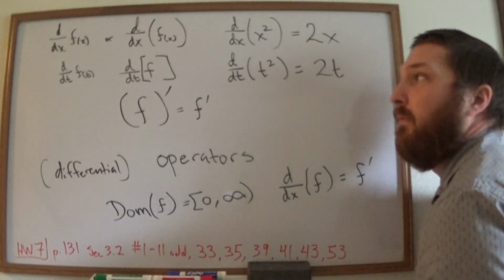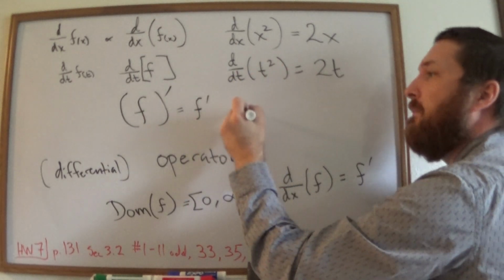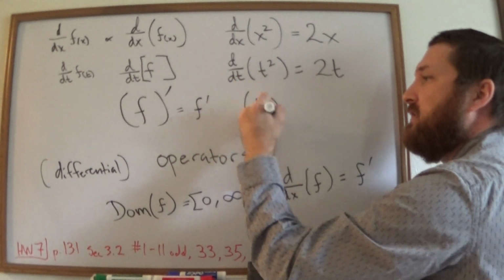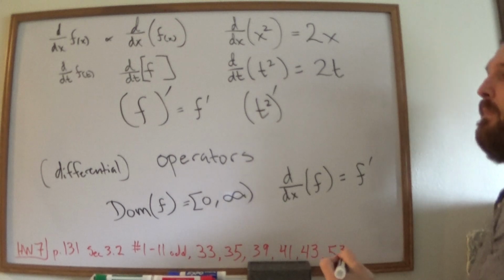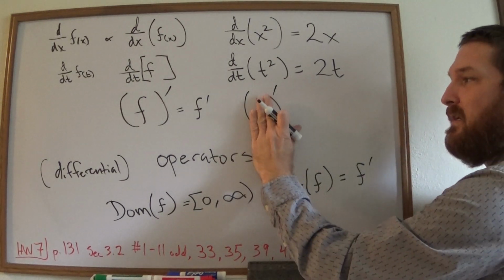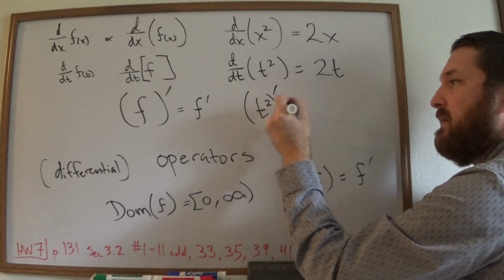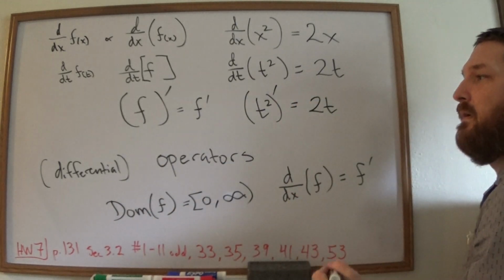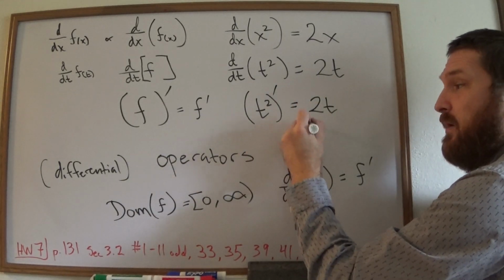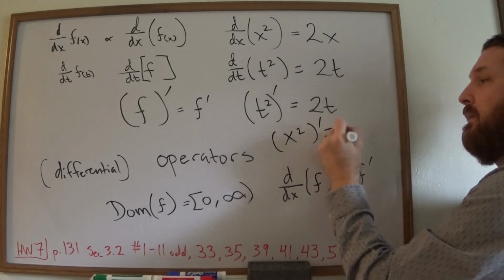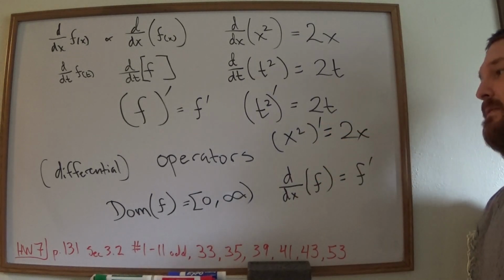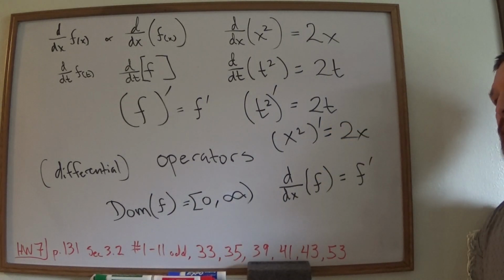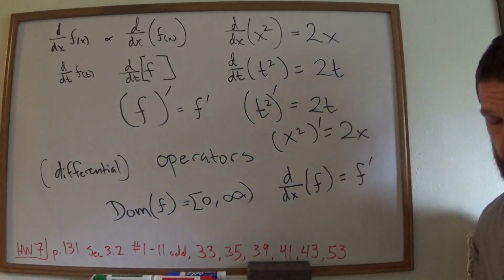And it turns out to be f prime, right? So for instance, I might have just said t squared prime. That means whatever's in here, take the derivative of it. And so there's 2t. Or if it were x squared prime, just means take the derivative of that thing. So everybody with me on that?